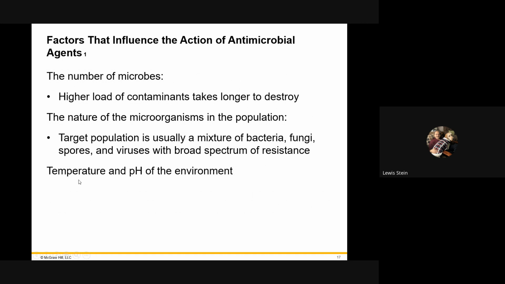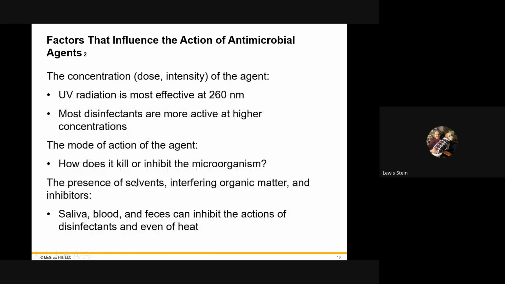And at higher temperatures and greater acidity, lower pH, it works better. We'll talk about radiation, and what may be significant concentrations. Again, killing is preferred to inhibiting.